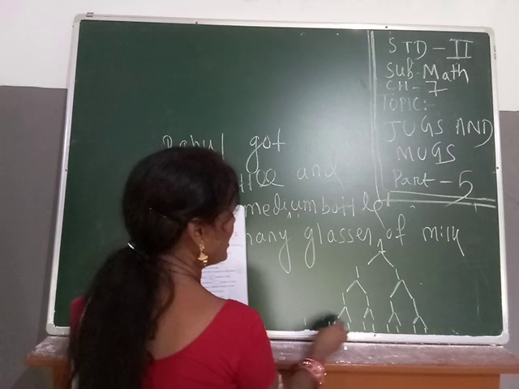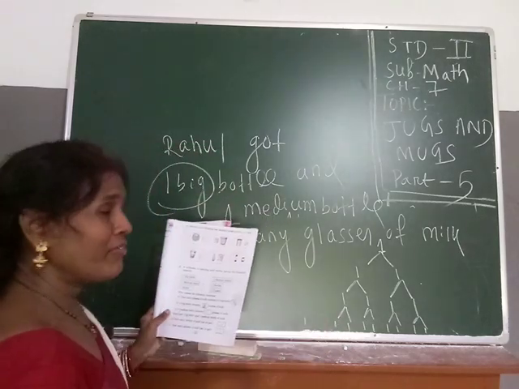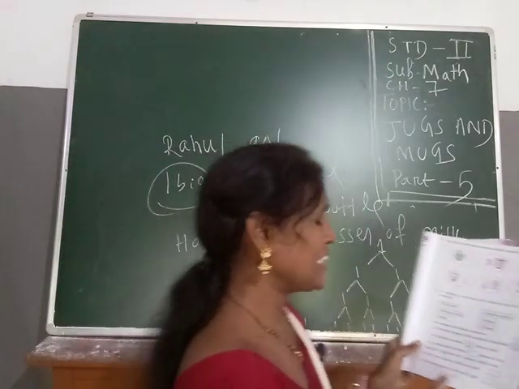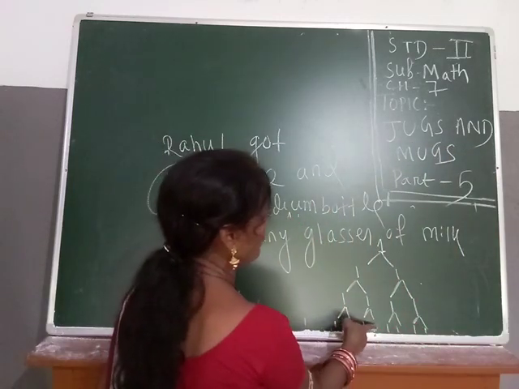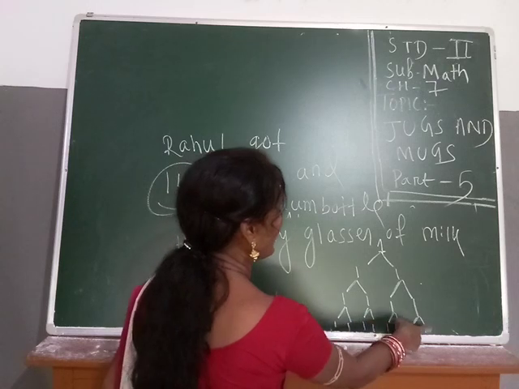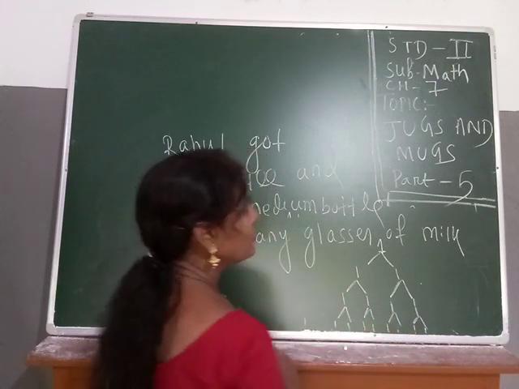This is your glass. Now we will count how many glasses of milk it has got: 1, 2, 3, 4, 5, 6, 7, 8, 9, 10, 11. Count.